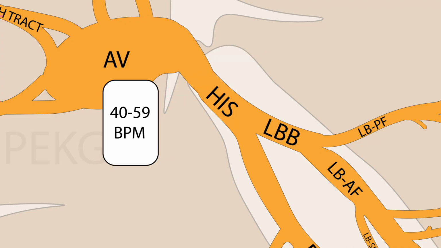So the bundle of His over here, there's an issue. It's diseased, it's sick, right? Something's going on with it, so much so that it's creating a Mobitz-II type block, but also the right bundle is partially affected.